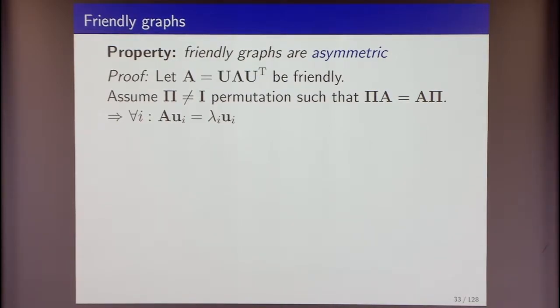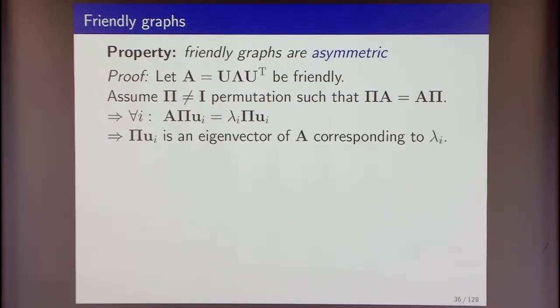I can multiply both sides by pi, and I get this. But because pi A equals A pi, I get this. And this means that pi u_i is an eigenvector of A corresponding to the same eigenvalue as u_i.